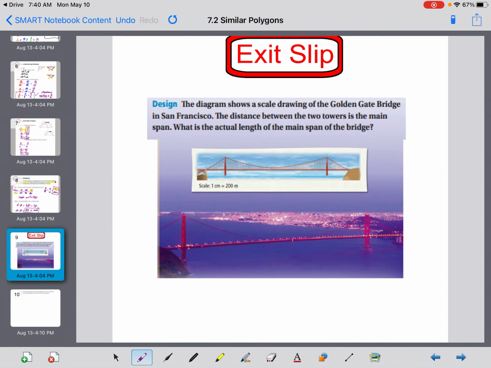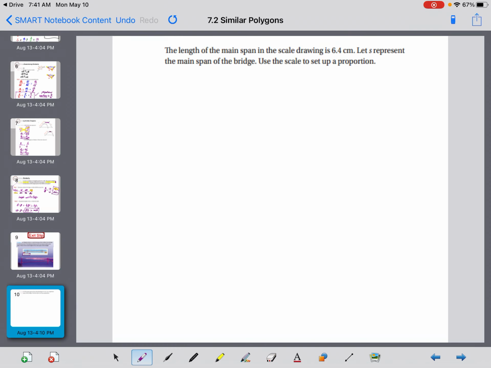Okay. The last part's the diagram shows a scale drawing of the Golden Gate Bridge. The distance between the two towers is the main span. What is the actual length? So they're telling you that 1 centimeter is equal to 200 meters. They tell you the length of the main span is 6.4 centimeters. So if 1 centimeter is equal to 200 meters in real life, they're telling us that this bridge in the picture is 6.4 centimeters.